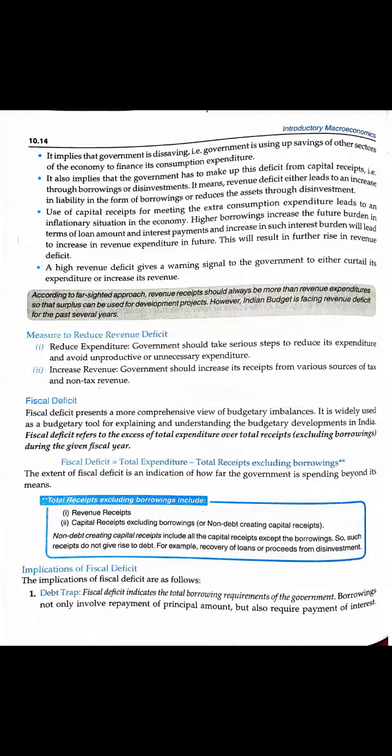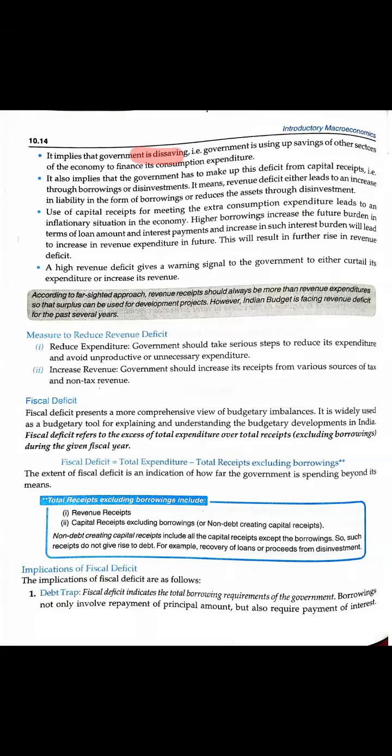And what is the second one? It implies that the government is dissaving. What do you mean by dissaving? Anyone? What is the meaning of saving? We used to save. So when can we save money?